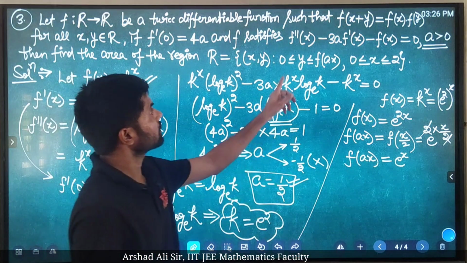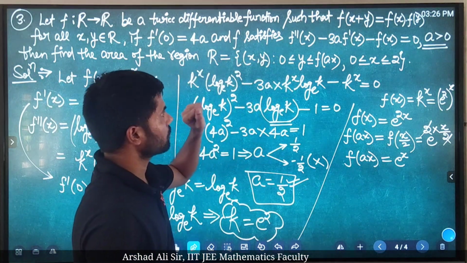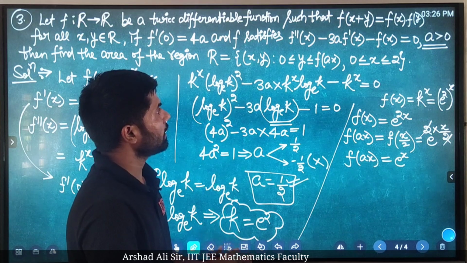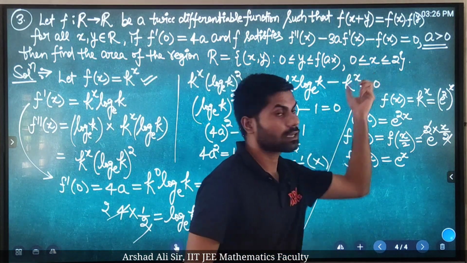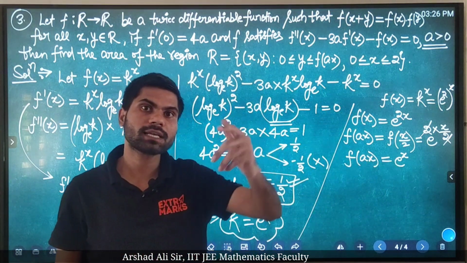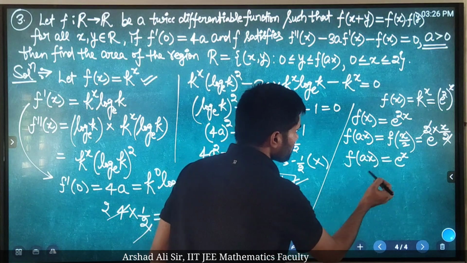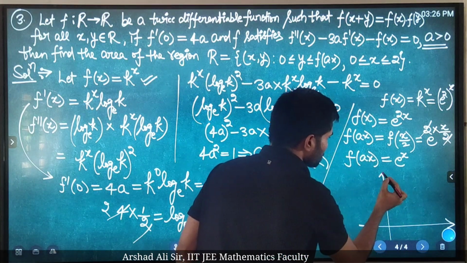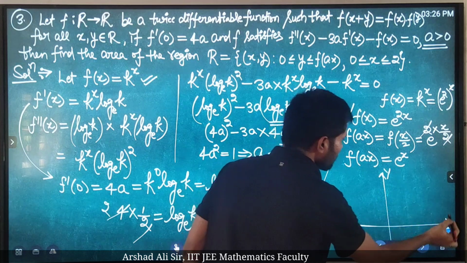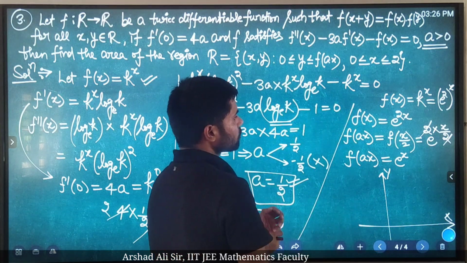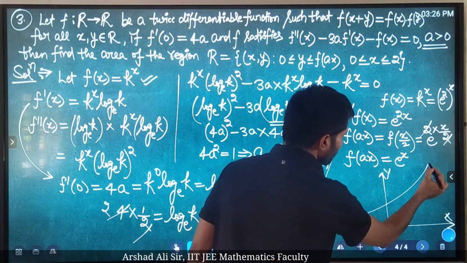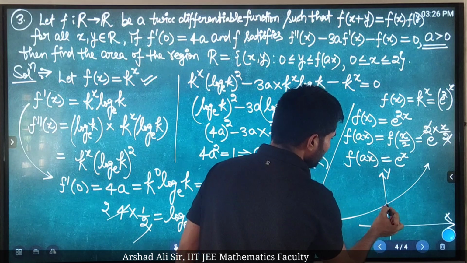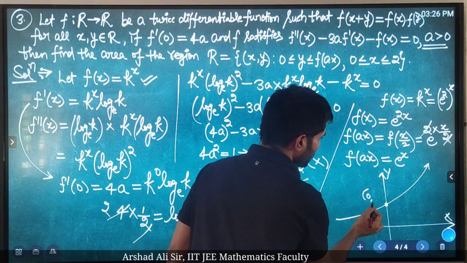What we have given, y is greater than or equal to 0 but less than f of x, and one more condition, x greater than or equal to 0 but less than or equal to 2. And we know the graph of e to the power x, x-axis, y-axis. Okay, so the graph of e to the power x will be like that. It will pass through (0, 1).